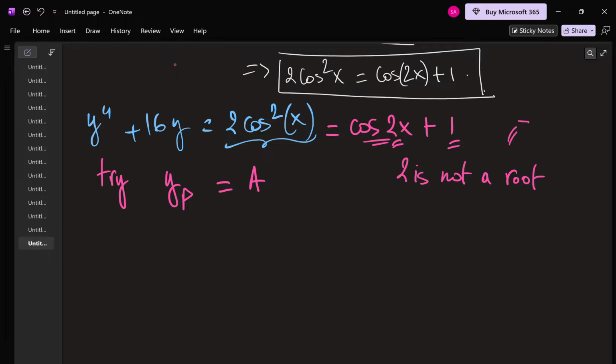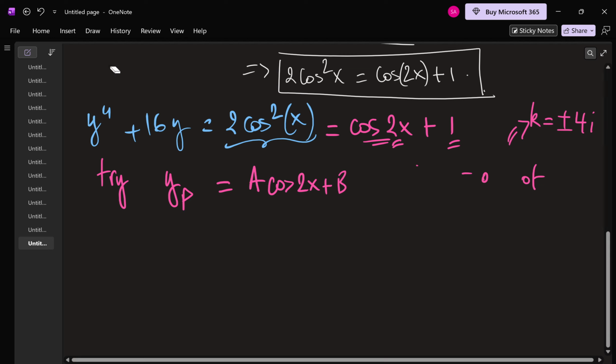Remember that our roots k are actually plus minus 4i. Okay, so 2 here is not a root, so we guess yp is only a times cos 2x plus another constant b times, let me write it down, let's delete this.